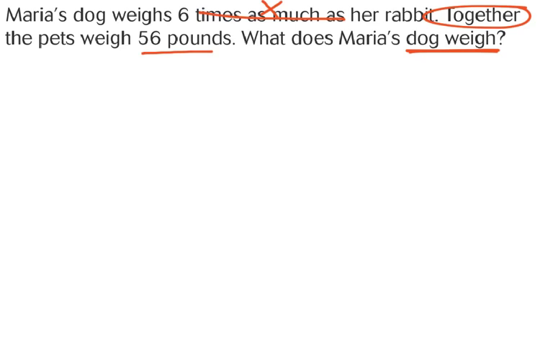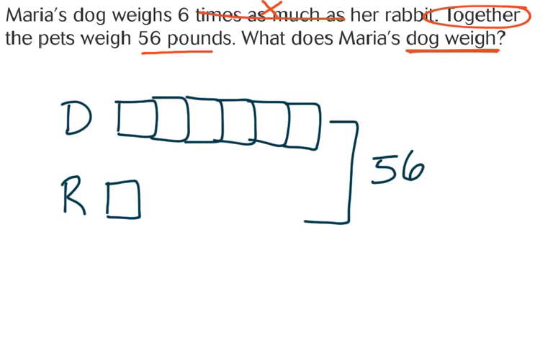I'm going to go ahead and draw something and I want you to copy this down into your notebooks. Now we have Maria's dog and her rabbit. The D represents her dog and the R represents her rabbit. Now she has 6 times. Her dog weighs 6 times as much as her rabbit, which is why I drew 6 boxes here. 1, 2, 3, 4, 5, 6. 6 times as much as her rabbit.